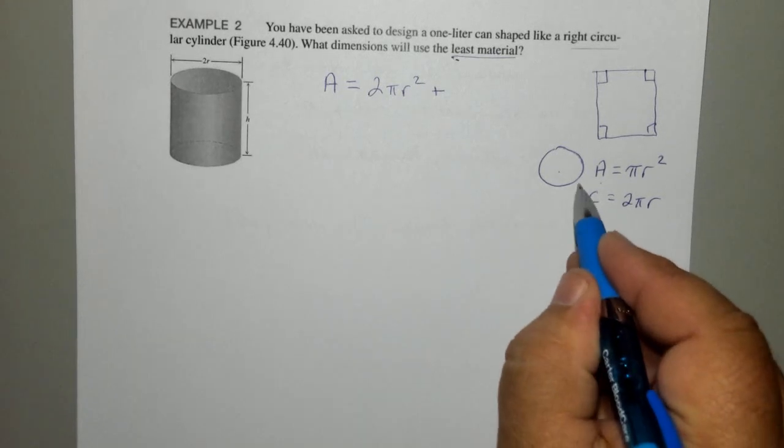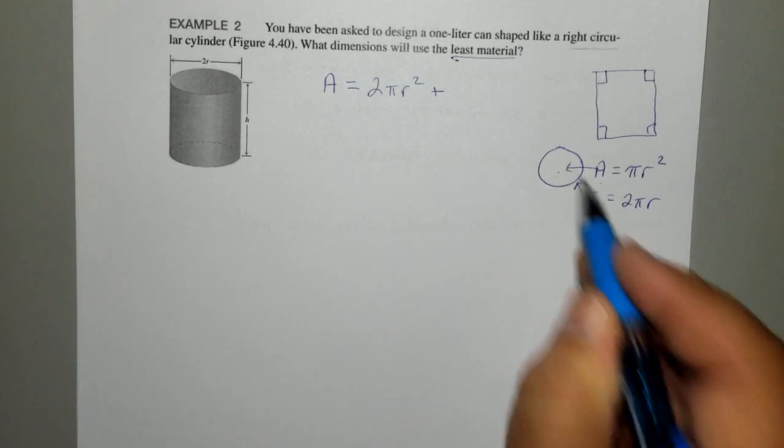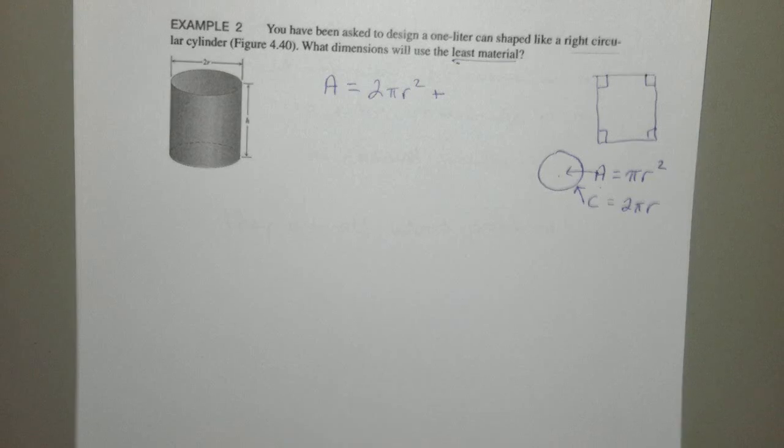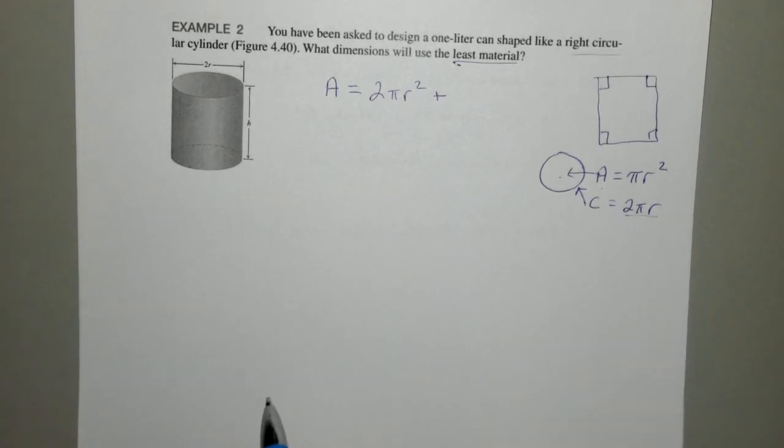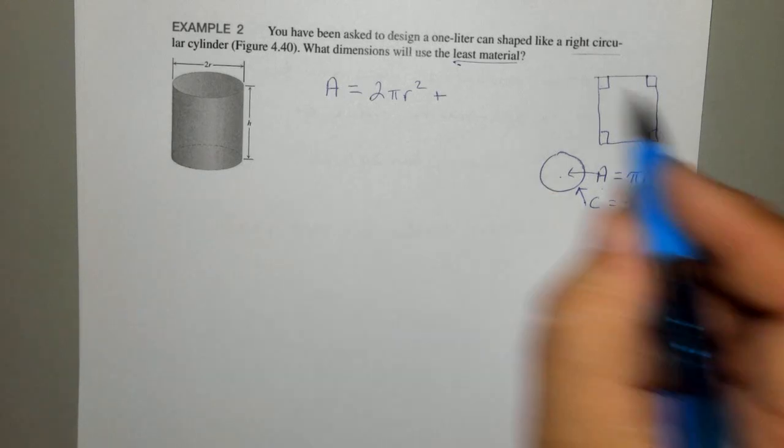The circumference is the outer area. The area is the inner area. Since we're looking for the skin of this thing, we're looking for 2 pi r. What's missing? The height, h.